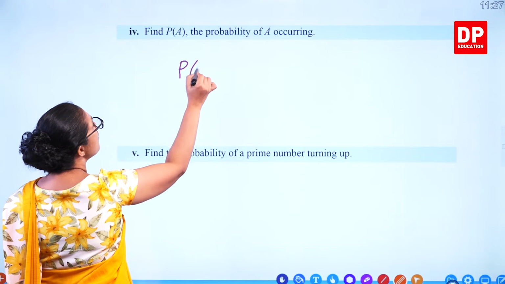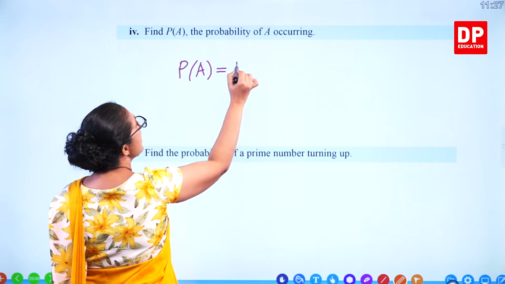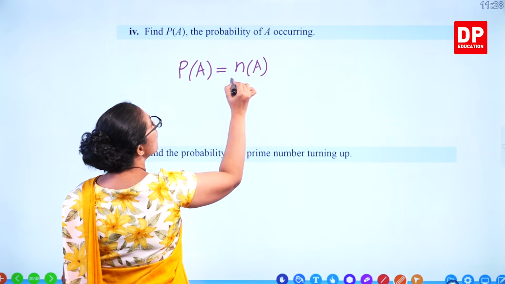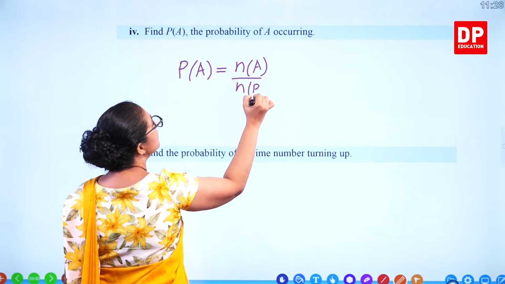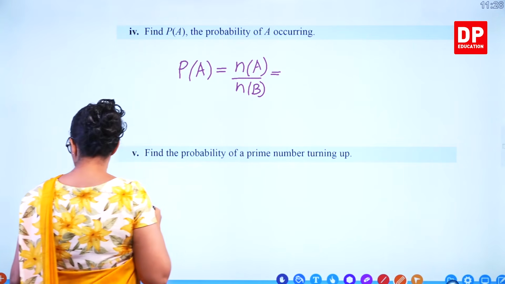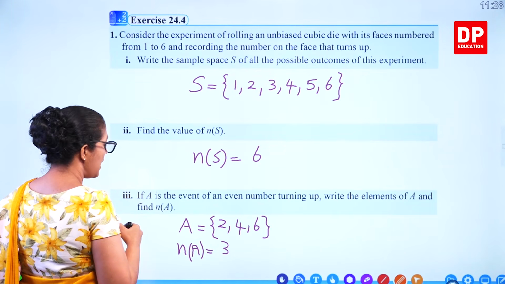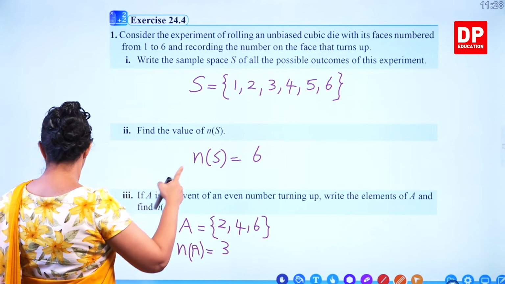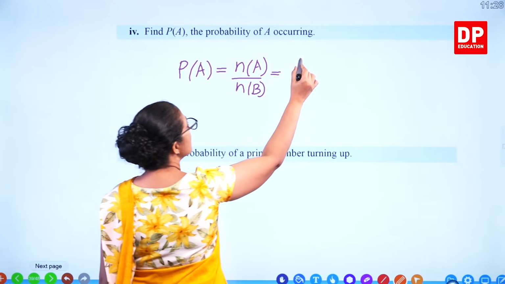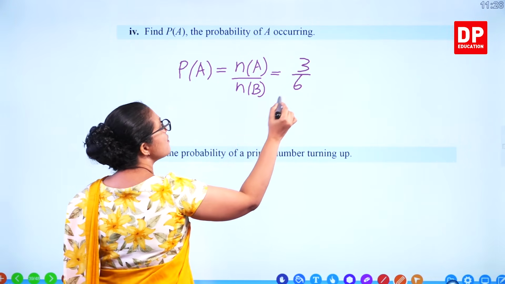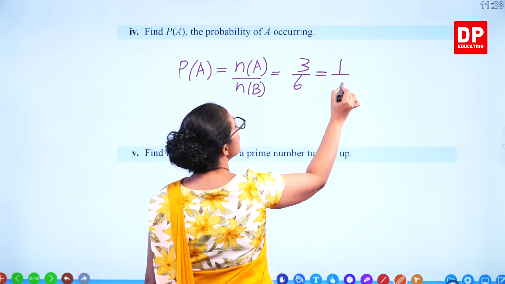Find the probability of A. That means N(A) over N(S). So what's the number of outcomes in A? That's 3. Total is 6. 3 over 6. You can divide by 3 and write that's half.